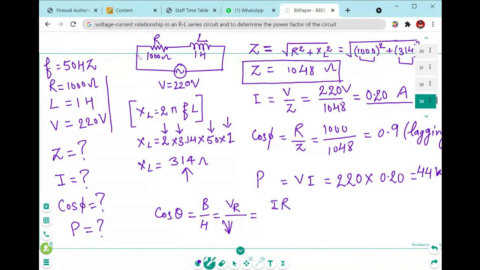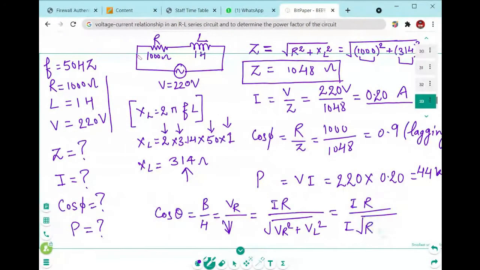So how can you represent this? Vr is equal to I R, whereas V is the square root of Vr square plus VL square, and we can solve this as I into R divided by I times the square root of R square plus XL square.